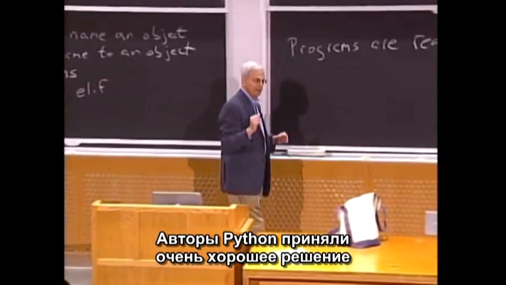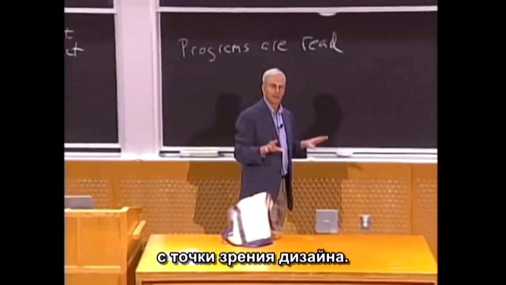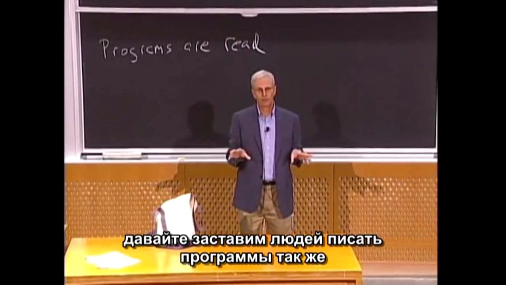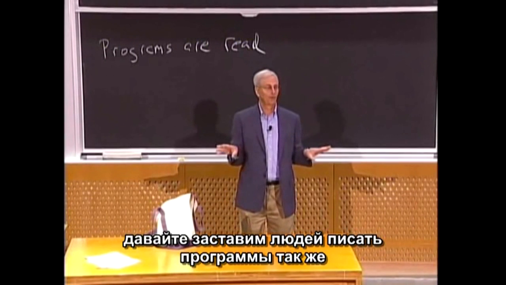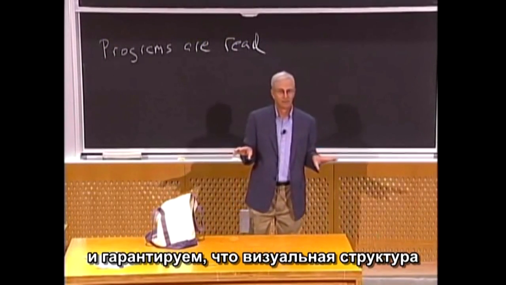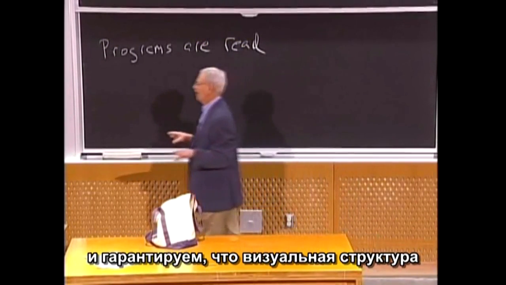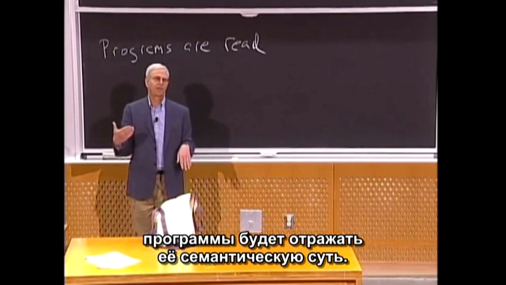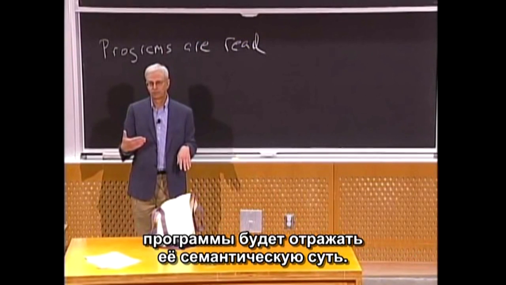The authors of Python made what I think is a very good design decision. They said, well, if that's the way you ought to write your programs, let's force people to write their programs that way and guarantee that the visual structure of the program actually matches the semantic structure.